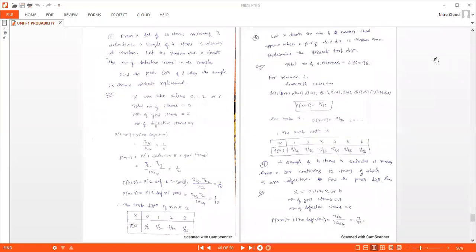So these are the favorable cases. So that is 9 by 36. Probability of x equal to 2 is 9 by 36.